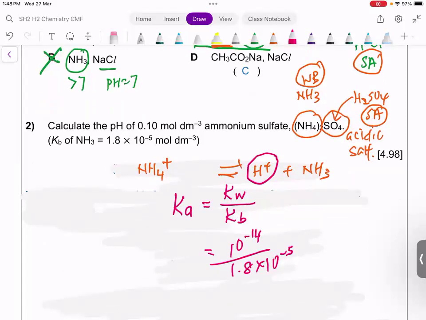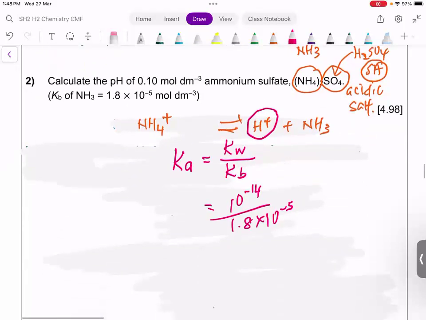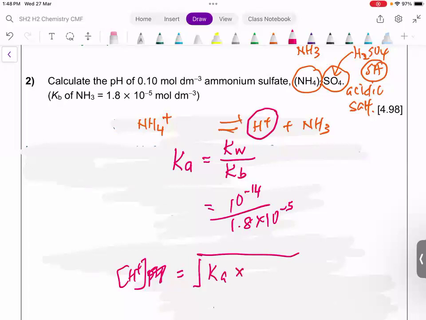All right, then after this, what else do I need to consider? How do I calculate this pH? The concentration of H+ is equal to the square root of Ka times the concentration of your salt, or ammonium cation here, the initial concentration.